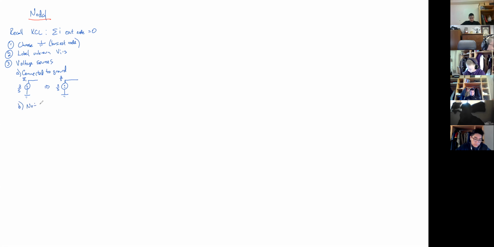If it's not connected to ground, you're going to need the supernode. So now let's say we've got that same 2 over S, and it goes to a much larger circuit. This we've called V1, and this we've called V2 up here. You're going to now keep this as V1, because this voltage source says the top is 2 over S higher voltage than the bottom.